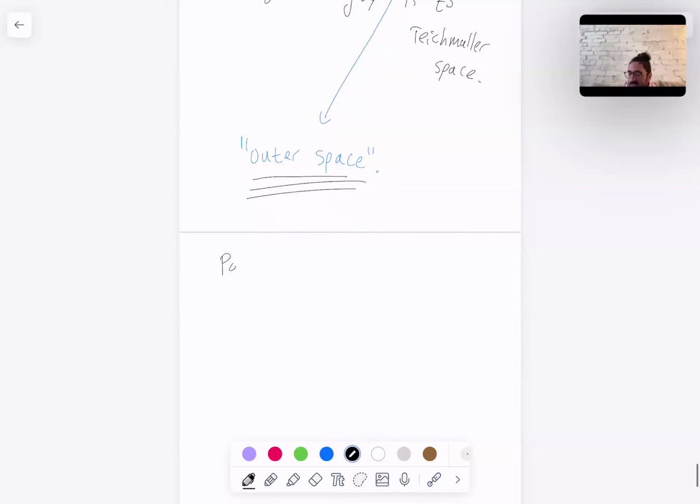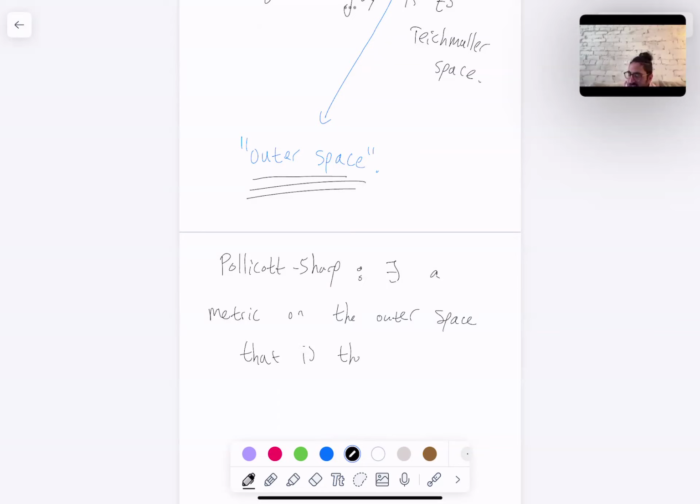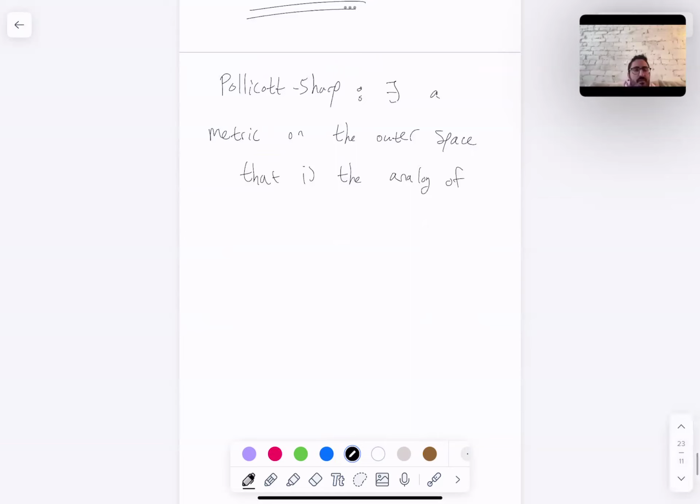And this comes from work of Pollicott and Sharp, and there are other people involved as well. But I'll just say that there exists a metric on the outer space that is the analog of a very, very well-known metric in the Teichmuller space, which is called the Weil-Petersson metric.